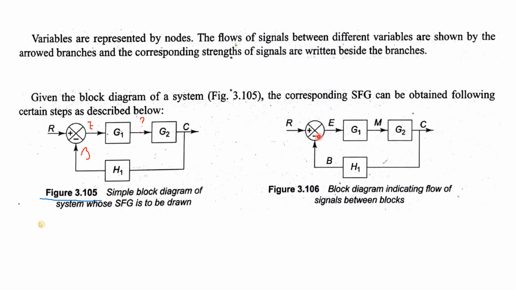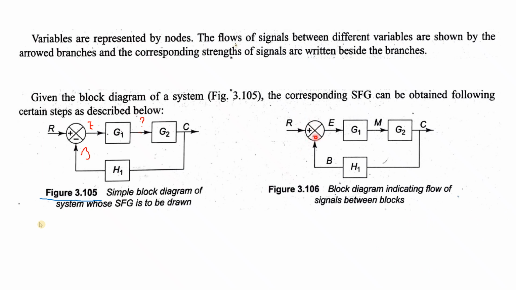And what about the blocks? Blocks will be considered as gain, because from R to E there is no block, there is a summation point. So in signal flow graph, step number 1, represent all the signals in the block diagram. Step number 2, start with the signal flow graph and represent the signals as nodes.